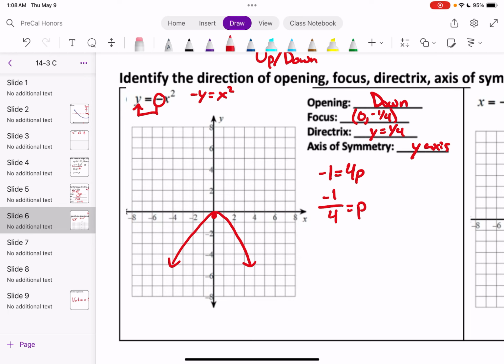And we would go ahead and find the directrix, which would be at 1/4. That is generally shown as a dotted line going in whatever direction it needs to go in, depending on whether it's on the X or the Y.